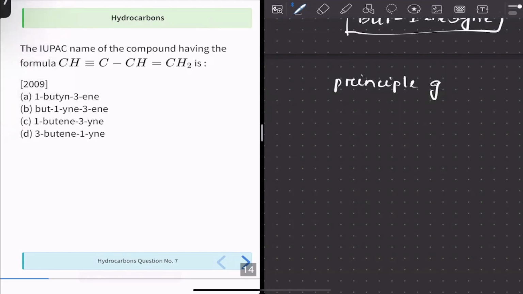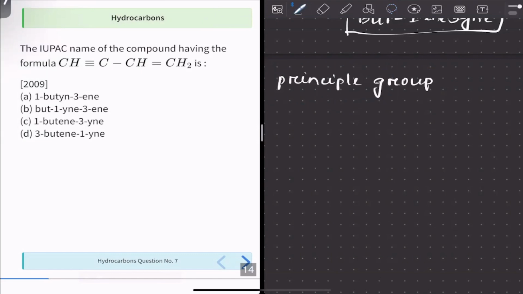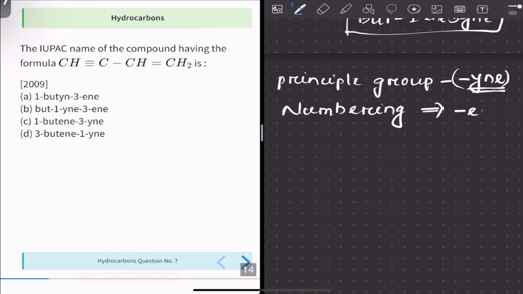If I write the funda behind this, the principal group, yne, will be used as a suffix, but numbering will be according to ene, that is the double bond.